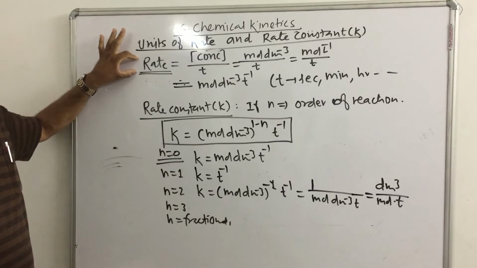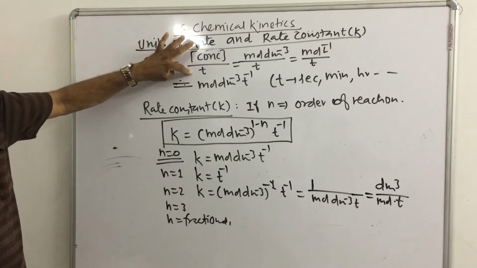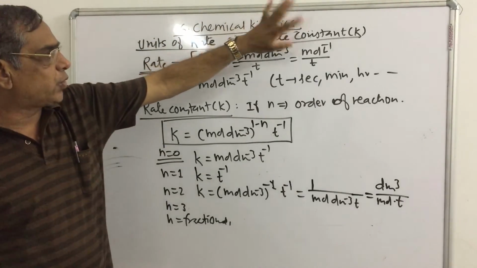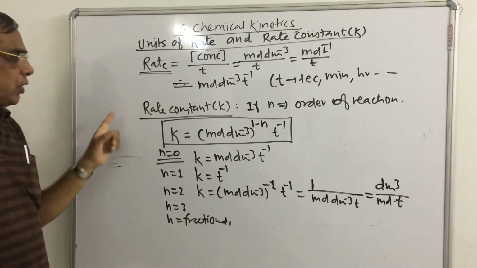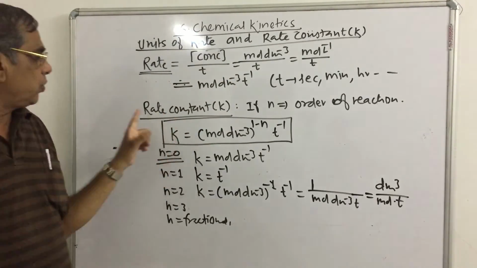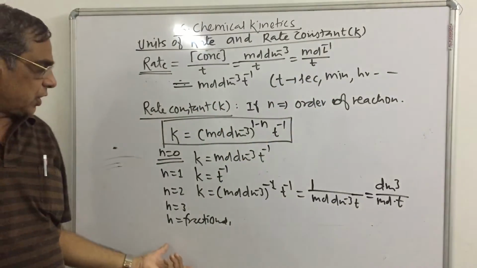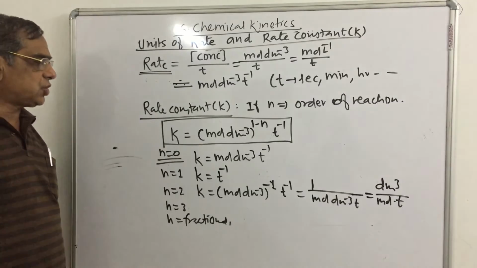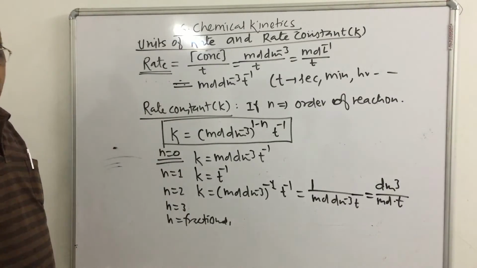Rate has a fixed unit, that is the change in concentration with respect to time, mole per dm cube time inverse. This is the unit of a rate. But the unit of a rate constant depends on the order of reaction. If the order of reaction changes, then the unit of a rate constant also changes.